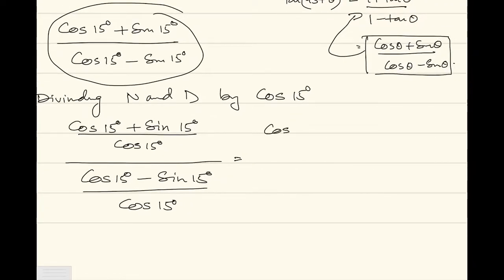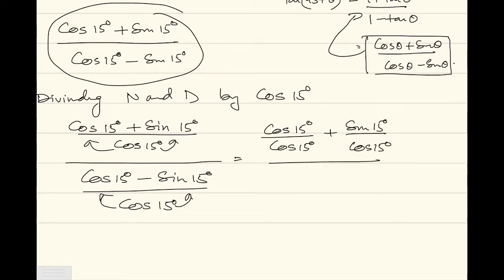That way now what will happen, let me distribute it. I'll get cos 15 divided by cos 15, because the LCM gets distributed, it goes here as well as here. Same thing will happen here as well, so plus sine 15 degree by cos 15 degree, and ultimately I have here cos 15 degree divided by cos 15 degree minus sine 15 degree divided by cos 15 degree.